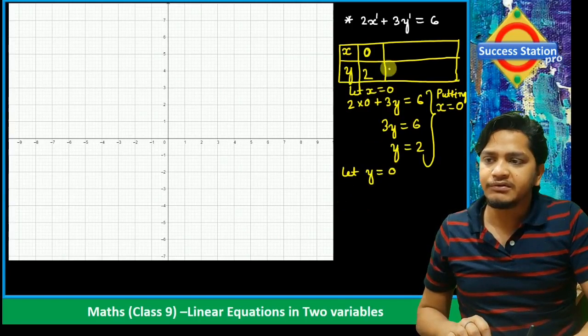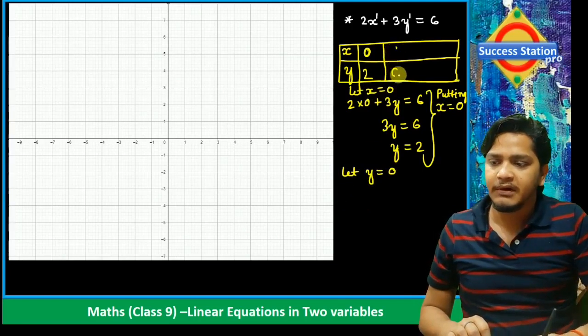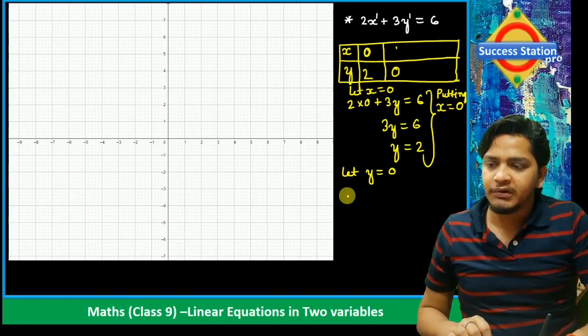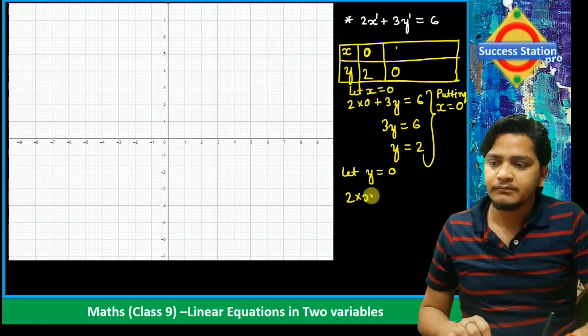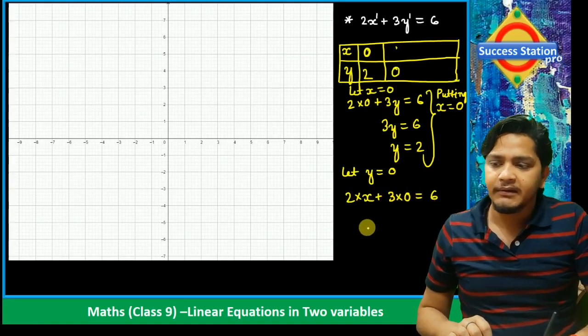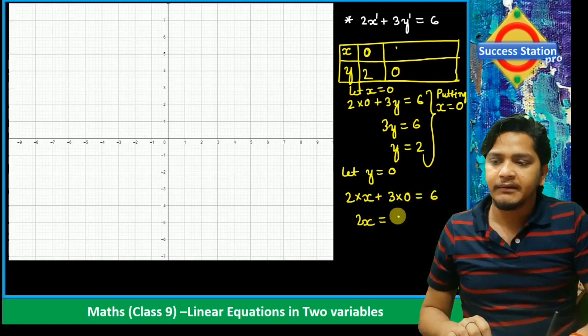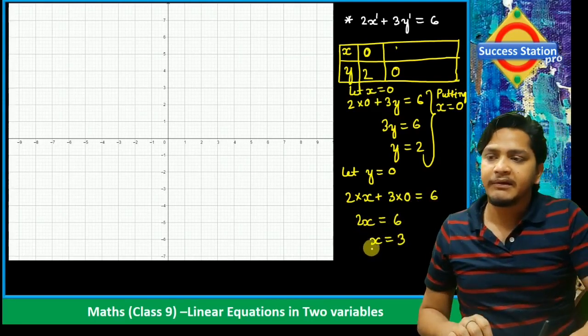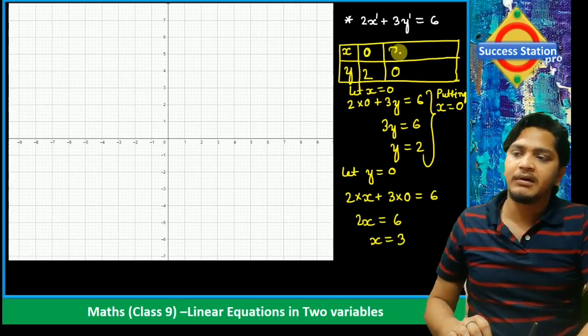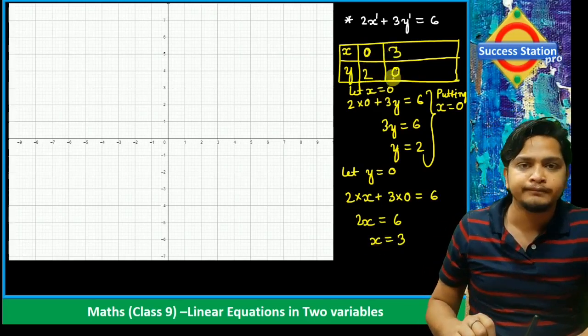So when y equal to 0, let's see what happens. 2 into x plus 3 into 0 equal to 6. Clear? So here 2x equal to 6. So x equal to what? 3. Clear? So x equal to 3. So we got again one value.